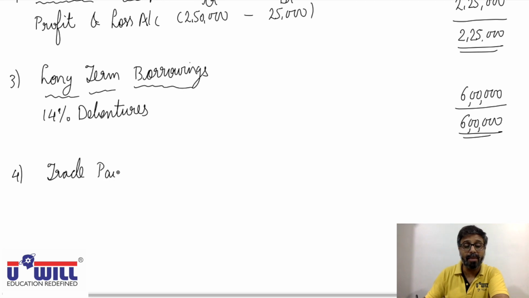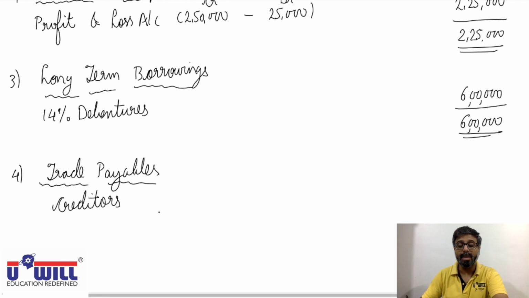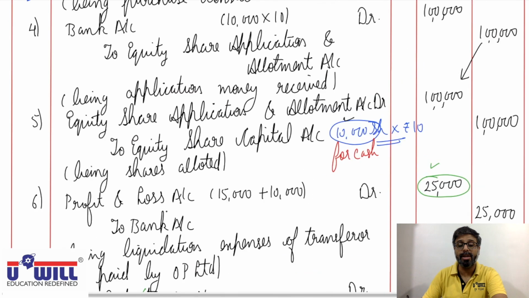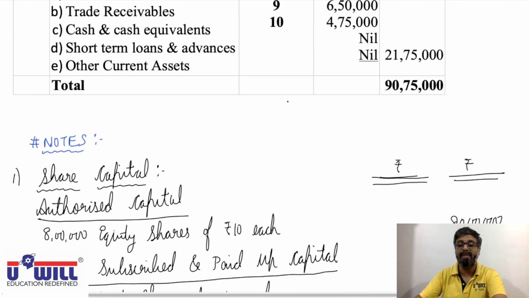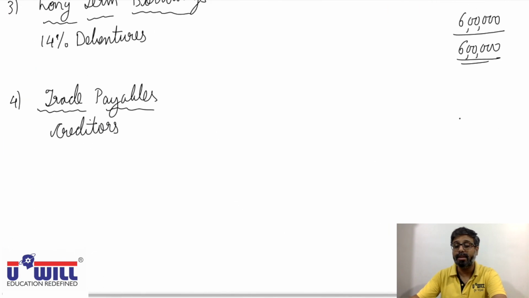After short-term borrowings, trade payables, that we have creditors over here. So trade payables, note number 4, in that creditors. All of you can see in the journal entry, creditors are what amount? Second entry, 5,50,000. So straight away, creditors 5,50,000.